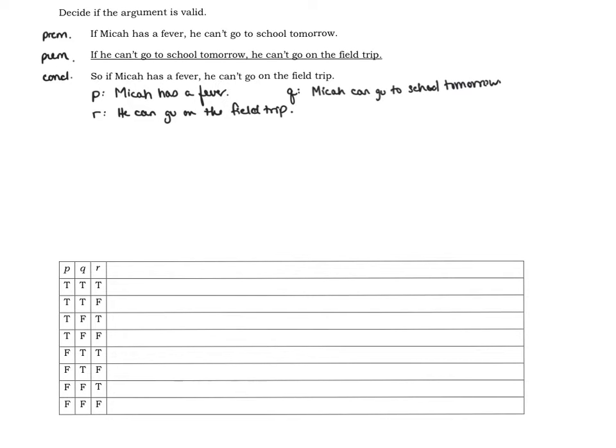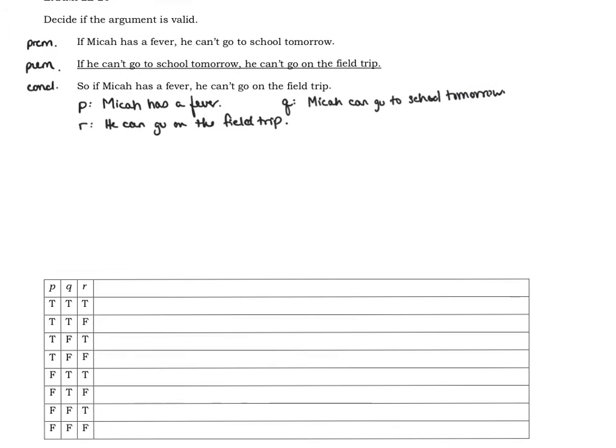So now what we're going to do is write this very argument in terms of symbols. So if Micah has a fever, so if P, again, the implied, then he cannot go to school. So that would be not Q. If he can't go to school tomorrow, so if not Q, then, again, it doesn't say then, but it's the implied, he's not going on the field trip.